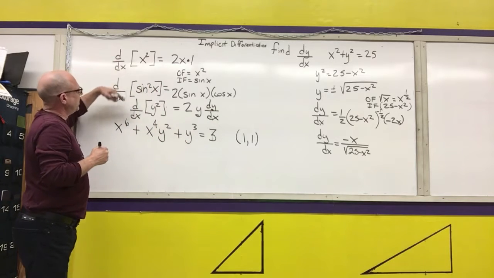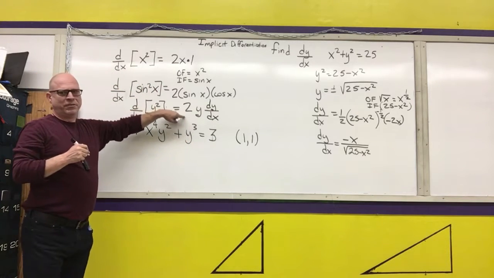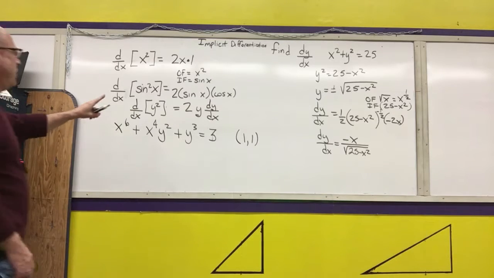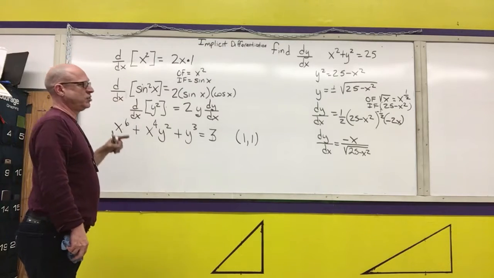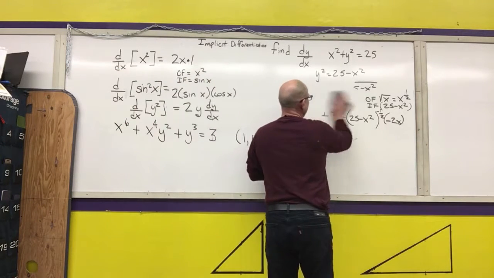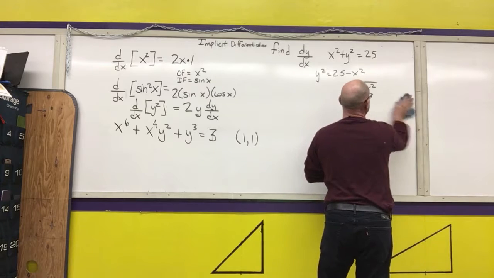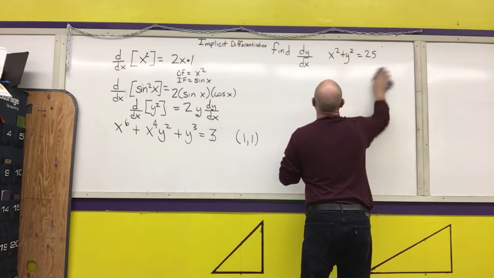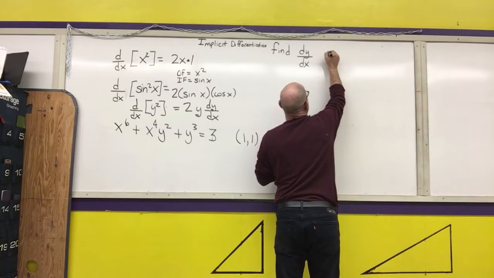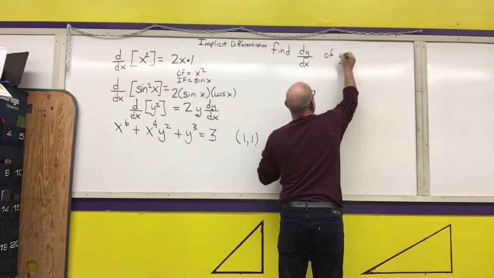So using intuition, this is what we should get for the answer. Well, there's a way to formally come up with what the derivative of y squared is. We use the previous section of the chapter where we talk about the chain rule, where we have two functions. So I want to find d over dx of y squared.